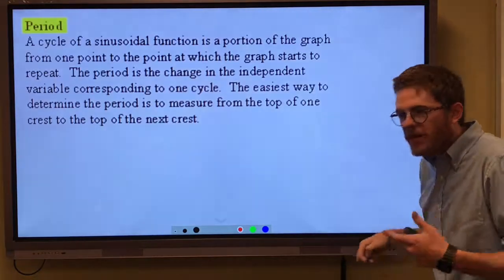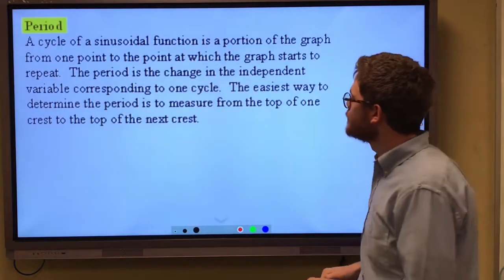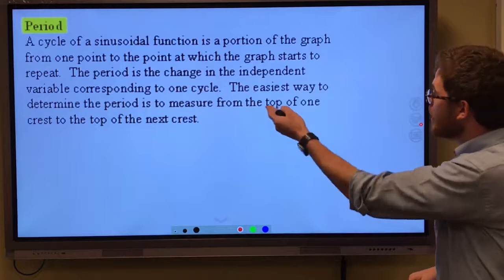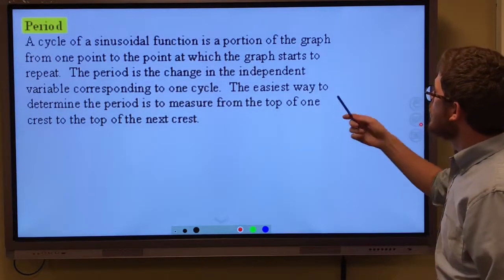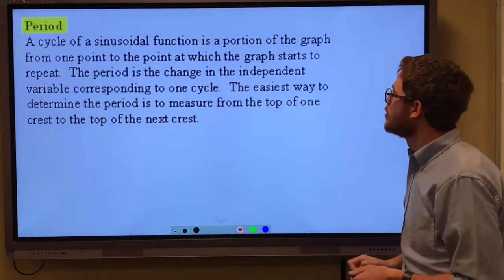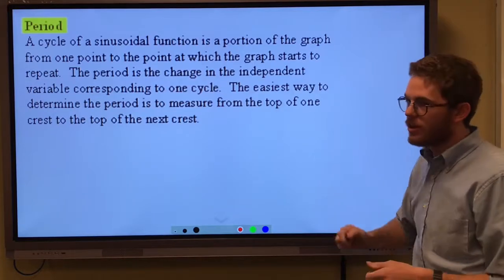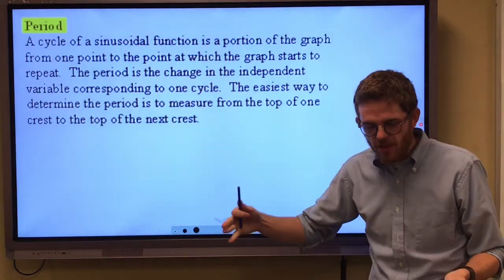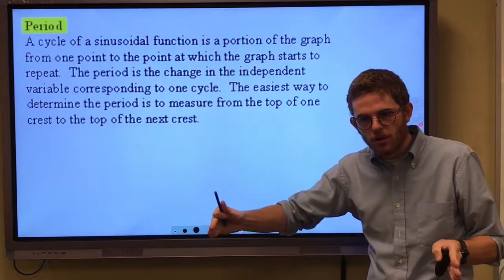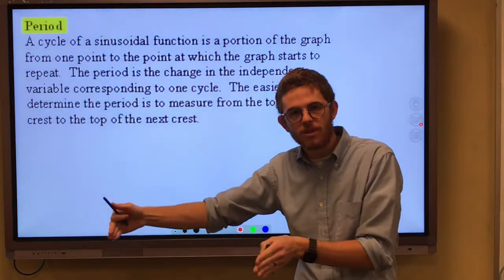The period of a sinusoidal function is basically a cycle of the sinusoidal function, a portion of the graph from one point to a point that starts the next repeat. It's basically how long until it's just going to repeat the same thing again.